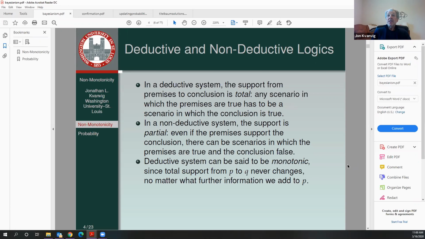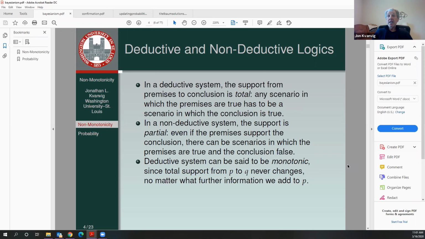Because of this, deductive systems are said to be monotonic, since the total support from P to Q never changes. If P narrows down the total scenarios to cases where only Q could appear, not Q never appears, then that stays the same no matter what further information we add to P. You can add any future learning you want, and Q will still be supported to exactly the same degree as it was before you learn that new information.